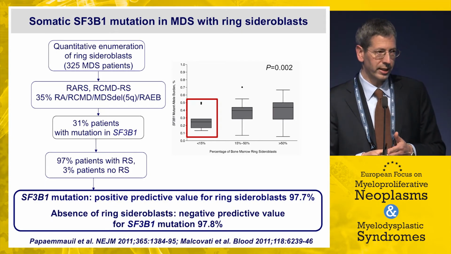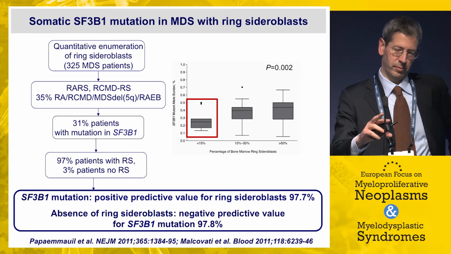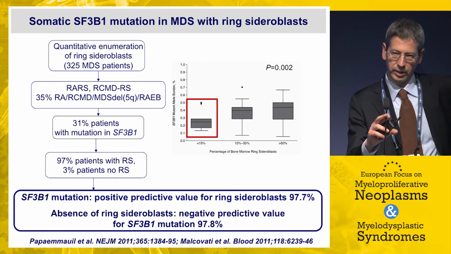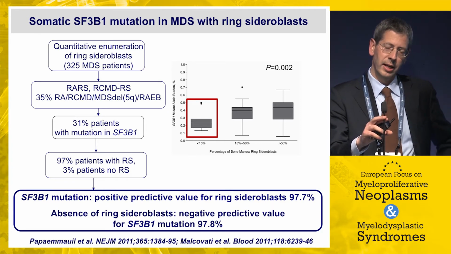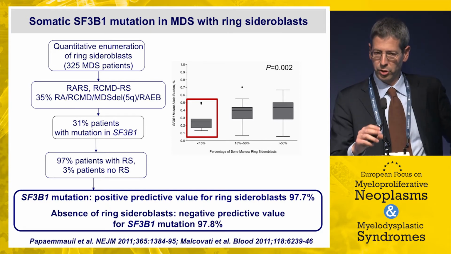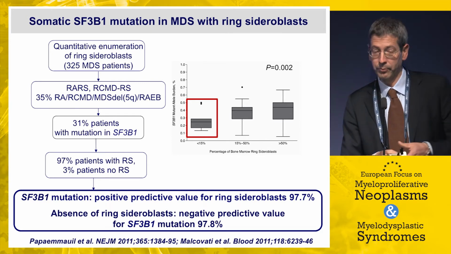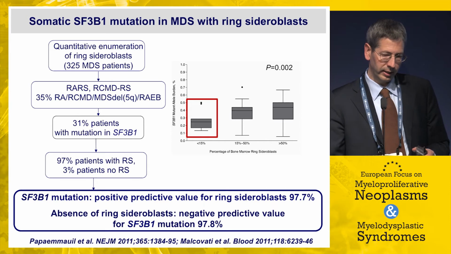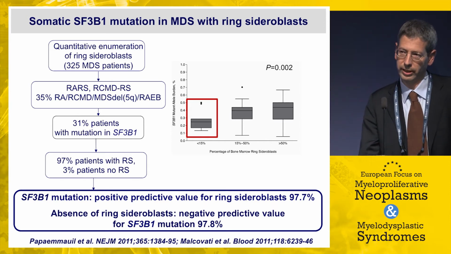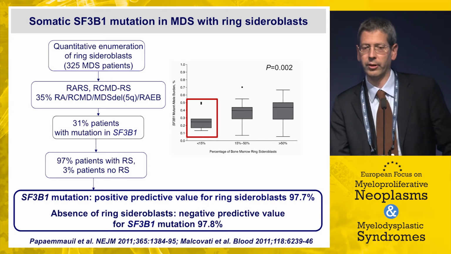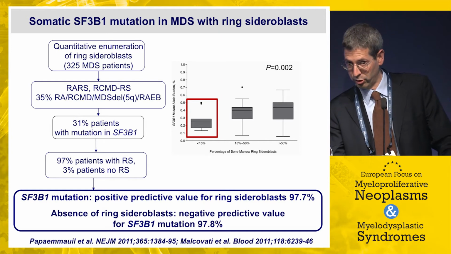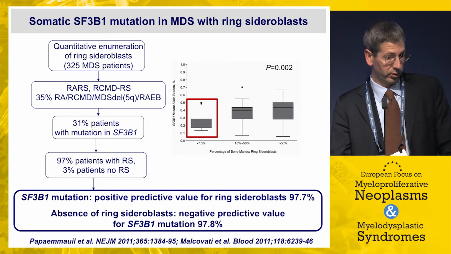And another lesion that is markedly associated with a disease phenotype in MDS is the somatic mutation of SF3B1. In 2011, within the International Cancer Genome Consortium, we identified these mutations in patients with MDS and ring sideroblasts.